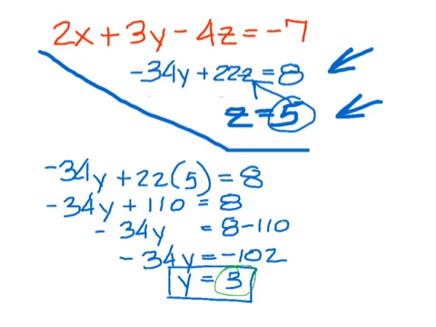If I plug in 3 and 5 up here at the top for y and z, I'll have 2x plus 3 times 3, and then minus 4 times 5. And that will be equal to a negative 7.